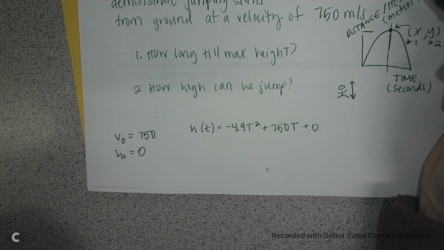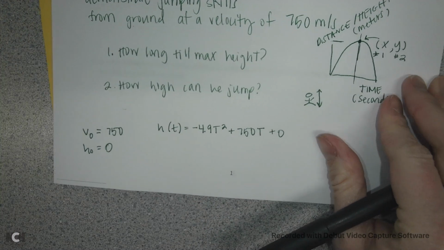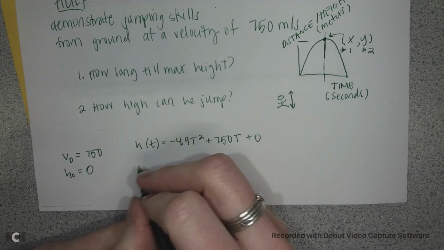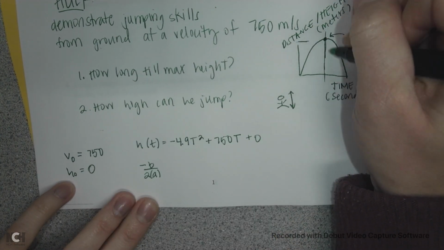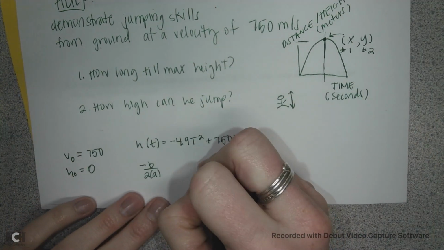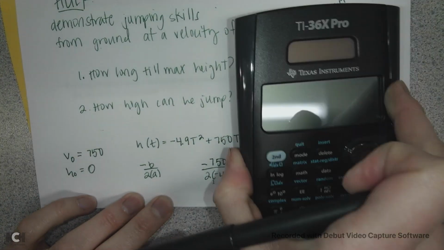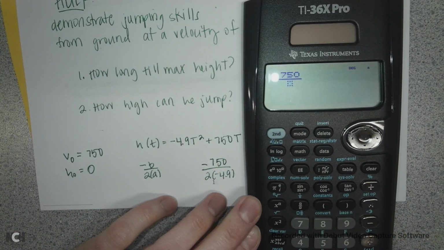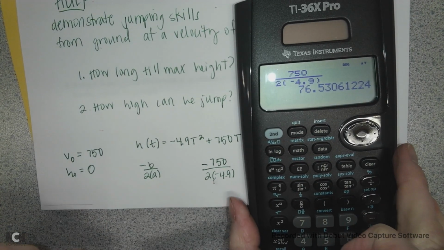Okay, so now we're trying to figure out this vertex. When we have a parabola and we're trying to figure out the vertex, all we really need to do with our equation is use negative b over 2a. And that will give us our axis of symmetry. So negative b over 2a is 76.53.